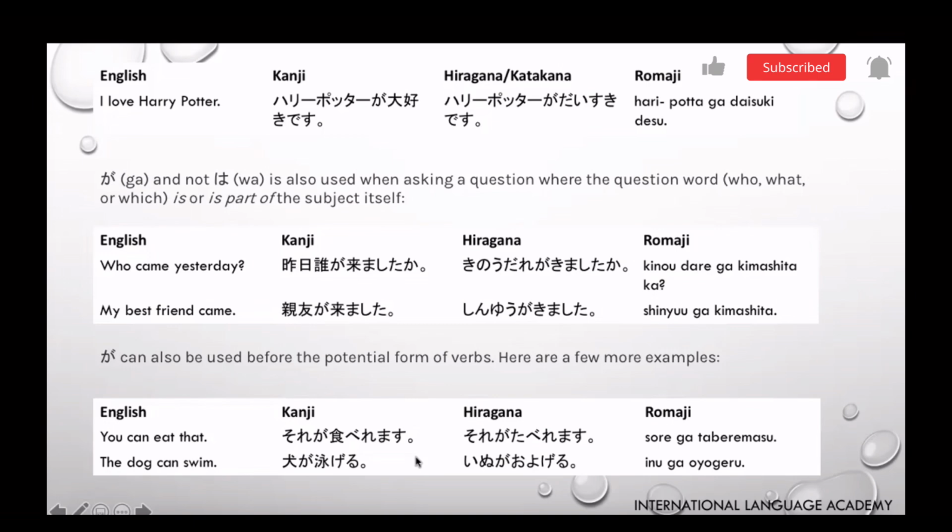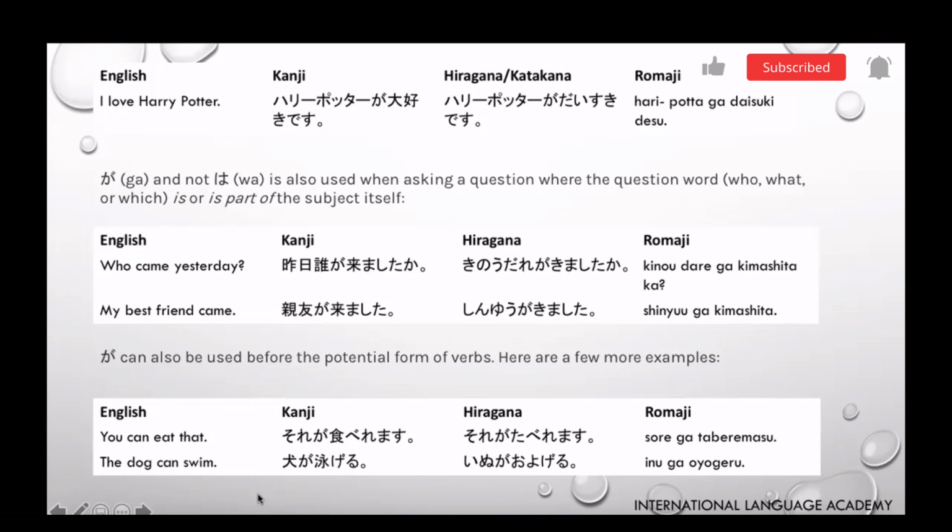More examples: the dog can swim. 犬が泳げる。It is a potential form of a verb, so you can use が. 泳げる is always used after が, the particle comes before the potential verb, not after. So please remember that as well.